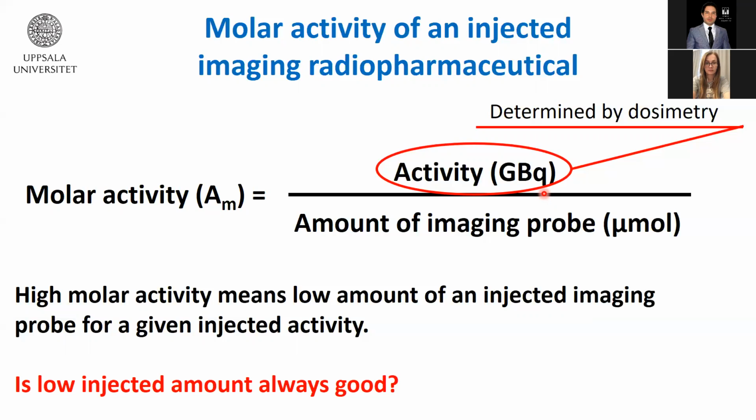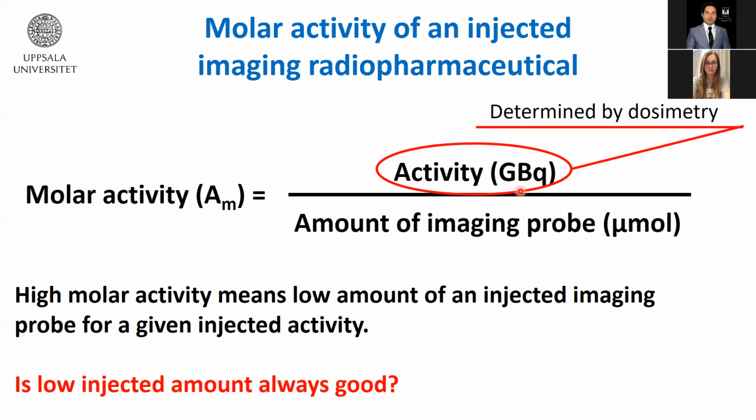And the question is: is a low injected amount always good? When I started my PhD study in the 90s in Uppsala, the first paradigm, the first dogma we had to learn was that molar activity, at that time called specific activity, must be as high as possible.